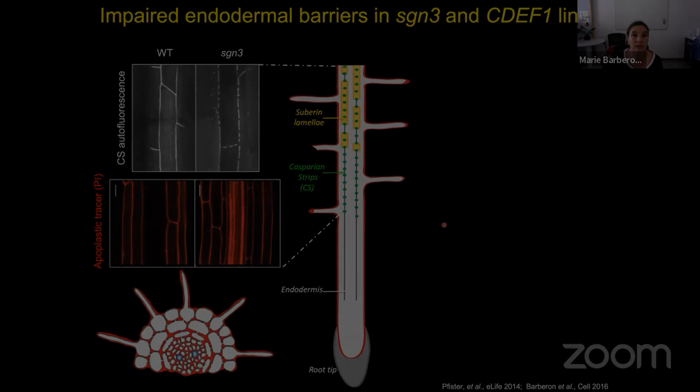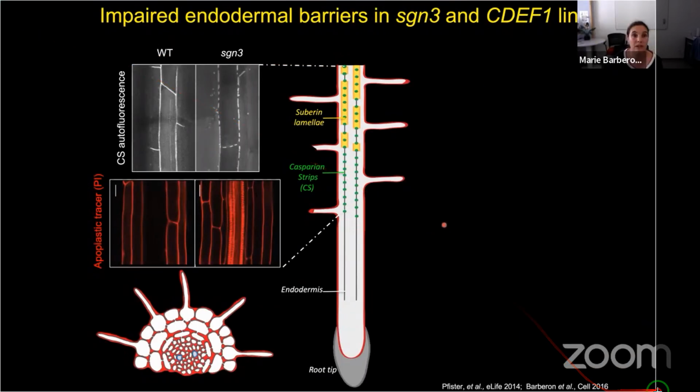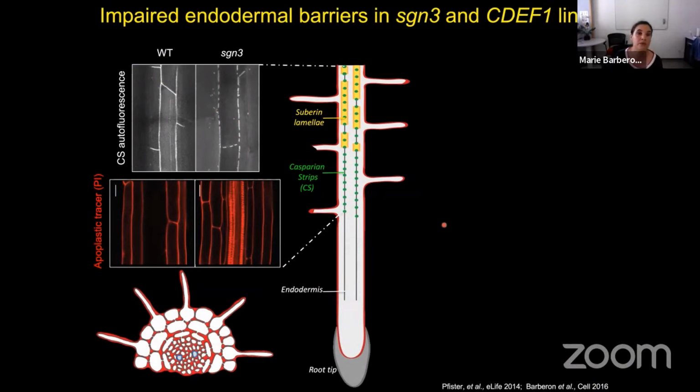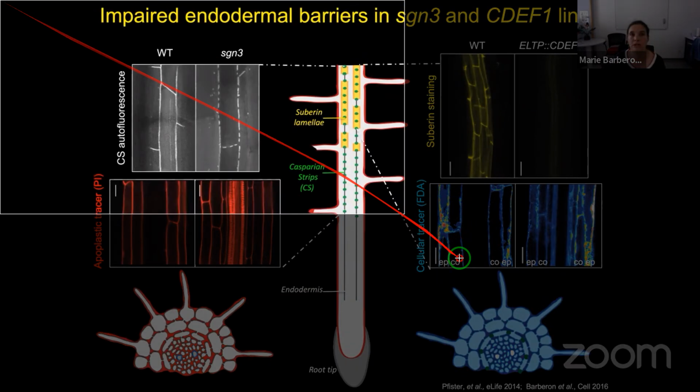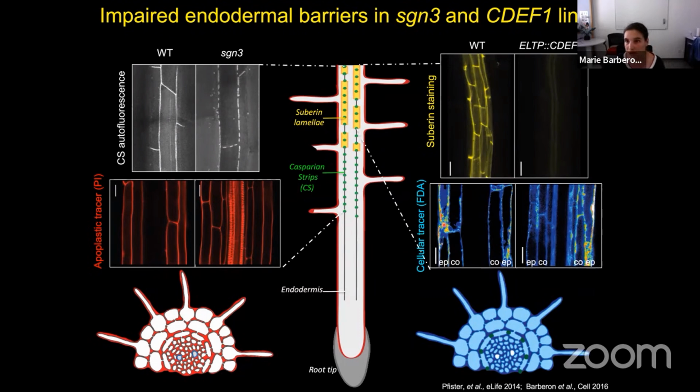In particular, I was working with the Schengen-3 mutant, a mutant with no apoplastic barrier. This mutant has an interrupted Casparian strip, no barrier. Schengen is the borderless area in Europe, hence the name of the Schengen-3 mutant, a mutant specific for Casparian strips. I also worked a lot with a line that we developed where we can degrade suberin specifically in the endodermis, called the CDEF line, where there is no suberin and no barrier for transcellular transport.